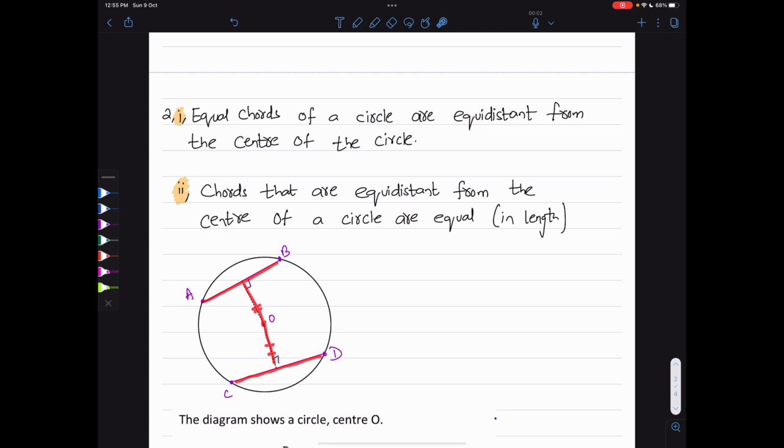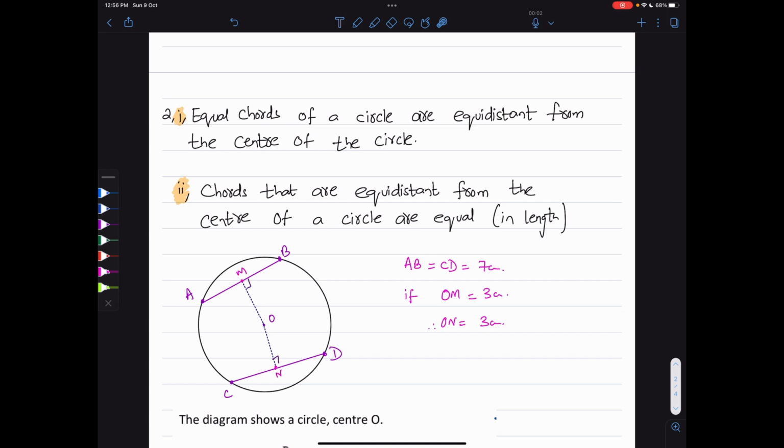For example, if AB and CD are equal in length, let's say 7 centimeter, and you know that OM, the distance of chord AB from the center of a circle, is 3 centimeter, then the distance of chord CD should also be the same 3 centimeter. That is what the second property is.